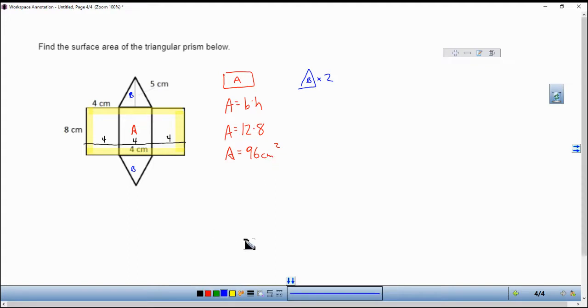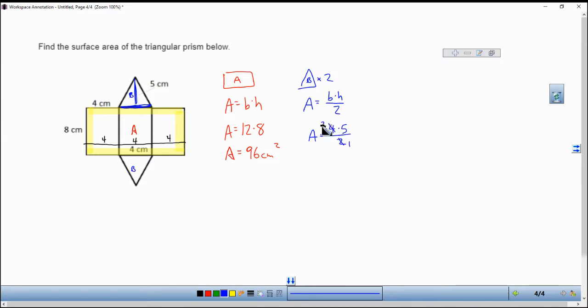Okay, B. Let's look at B. So the base of B, I'm going to draw it out in blue here, that's 4. And the height is 5. So we're going to use area equals base times height divided by 2 because it's a triangle. So the base of B is 4. The height is 5, divided by 2. And then you think, can we simplify? Yes, we can. The 2 and the 4, we can simplify. The 2 becomes 1.